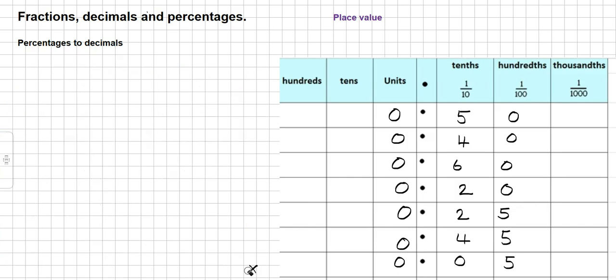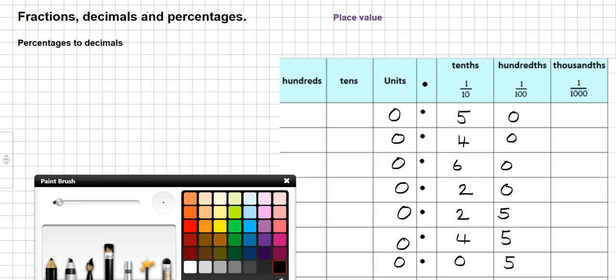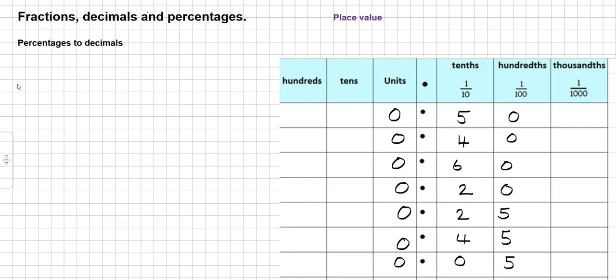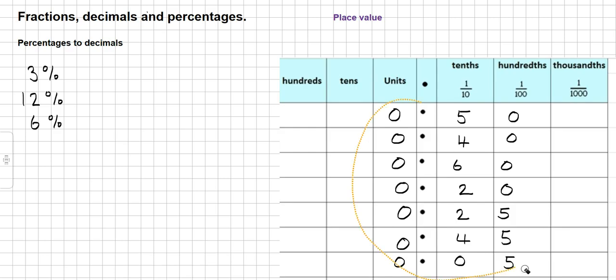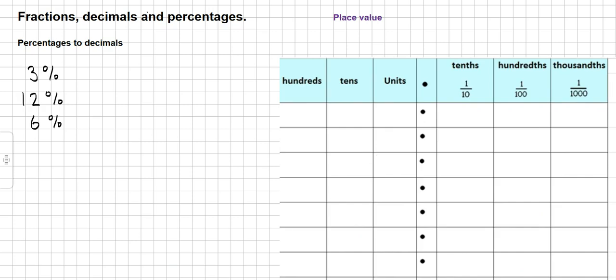If you like, you can pause, have a go, and then replay. So let's do 3%, 12%, and 6%. So write what you think those are as decimals, and then replay the video.